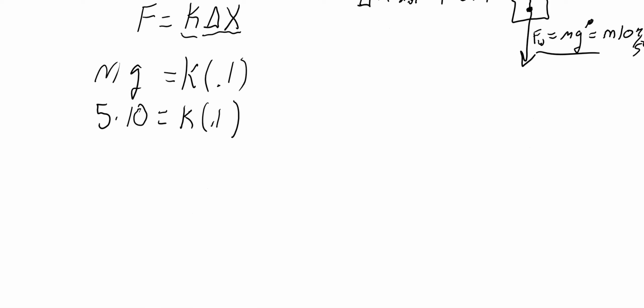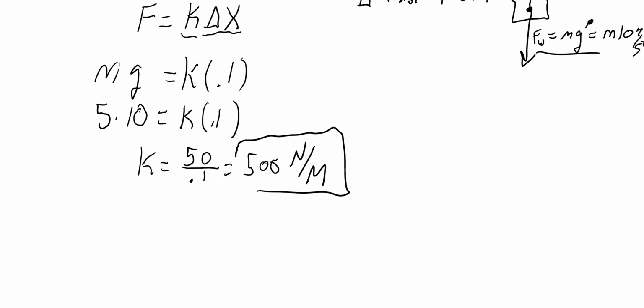Okay, and this gives us a k of 50 divided by 0.1, or 500 newtons per meter, which are the units for a spring constant. And spring constants tend to be pretty big. 500 is a perfectly reasonable number to get for a spring constant. So that's the spring constant.